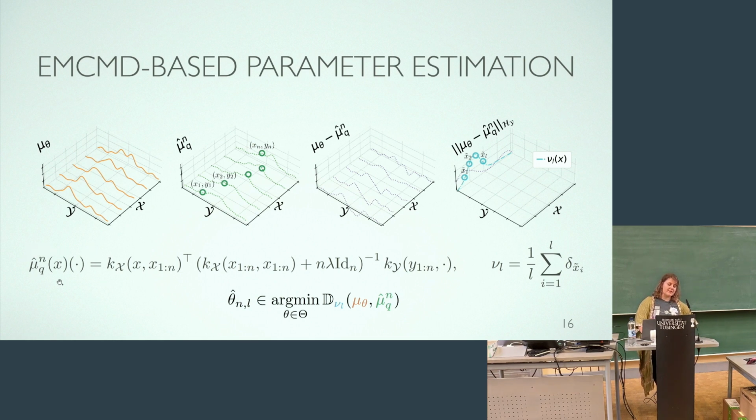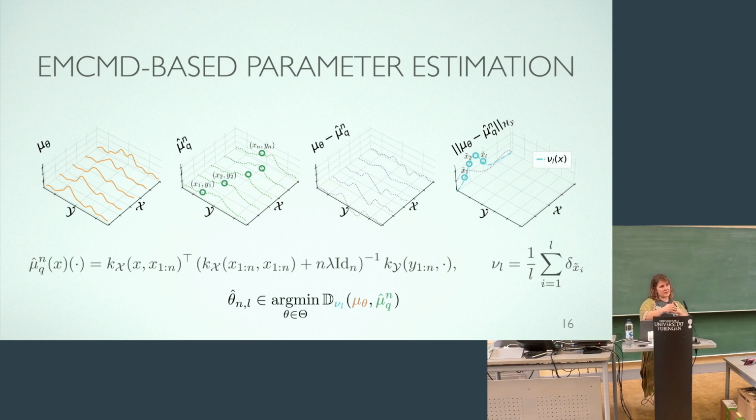The space in which this approximation lives will, in the general case, be smaller than the space in which the true kernel mean embedding lives. And there are some results that bound convergence error based on the difference between these two spaces.